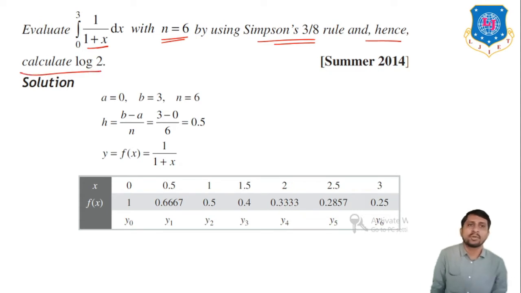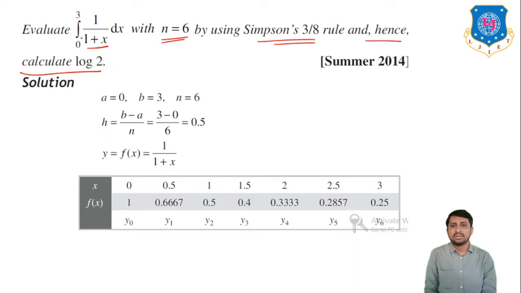This is an important example that was asked in a previous exam. Here a equal to 0 and b equal to 3, and n equal to 6, that is given.